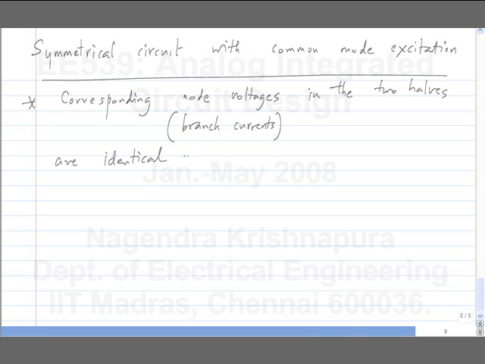So you connect corresponding nodes together. So what is the simplification you got from this?